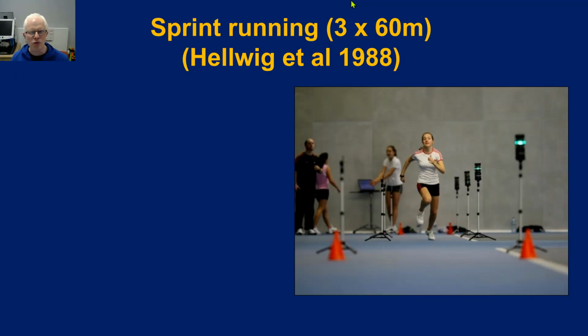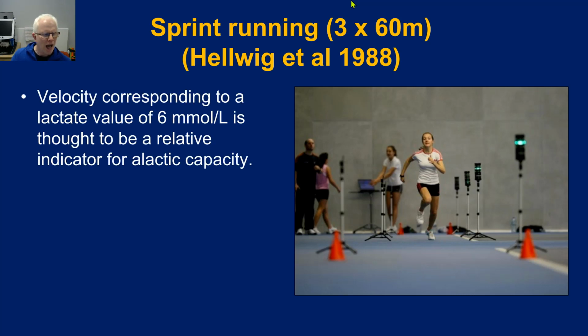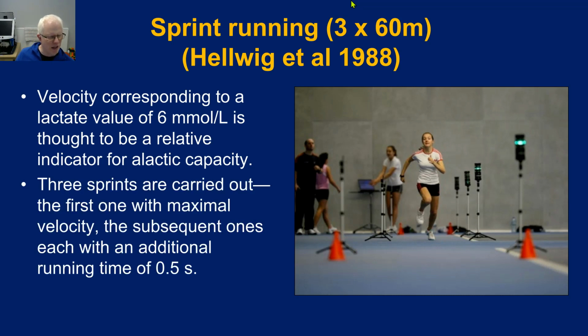And the final example to really show you how bad physiological understanding can be is the sprint running test by Helvig. So in this example, again, it's lactate-based 3x60 meter sprints. You ask the participant to run 60 meters, and then each subsequent 60 meters is run half a second slower.